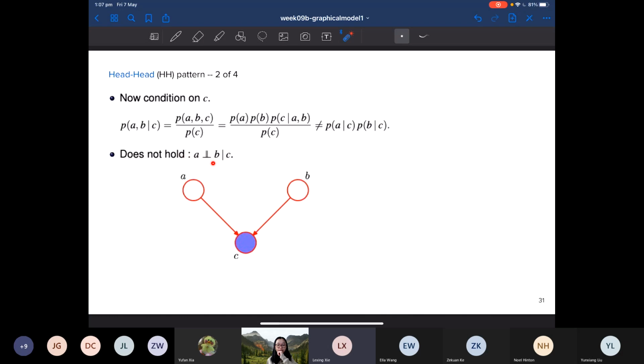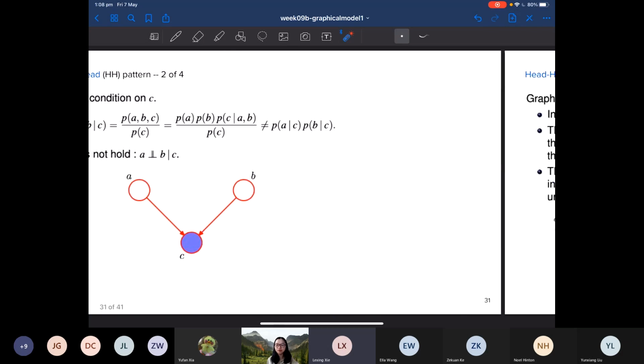Therefore, A and B are not conditionally independent given C. This one is a bit counterintuitive, because knowing the value of the child node actually couples the distributions of A and B, versus not knowing it, which sort of sets them free.